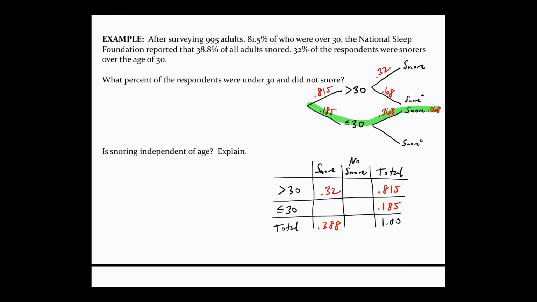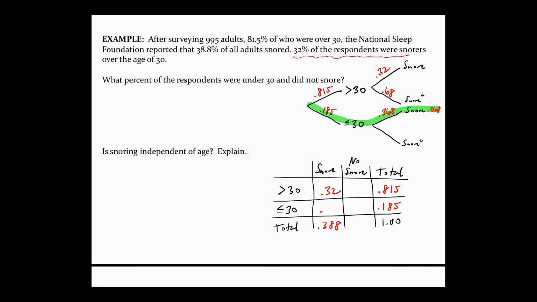So then let's look at the wording. It says 32% of the respondents were snorers over the age of 30. The way it's worded, it sounds like it's of all respondents, right? Like the weather one on the homework, you would get 32% of something.